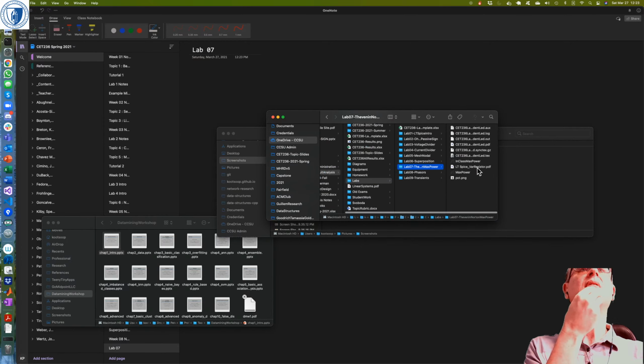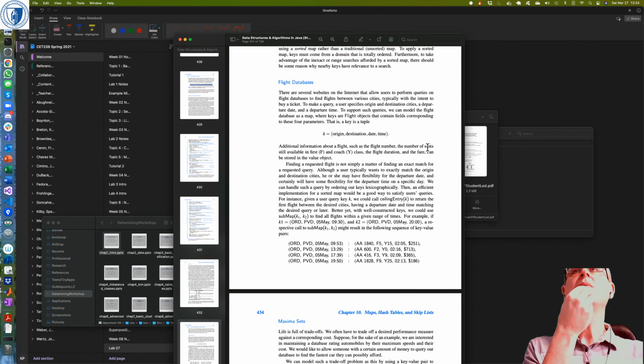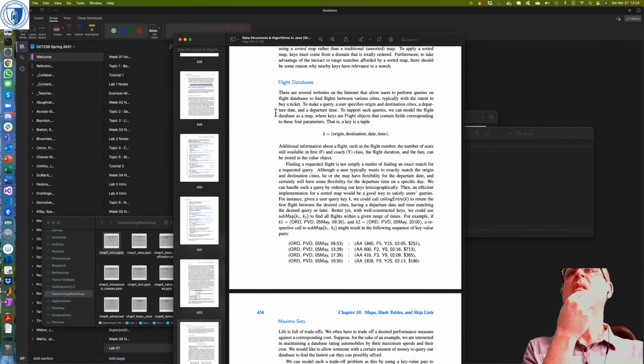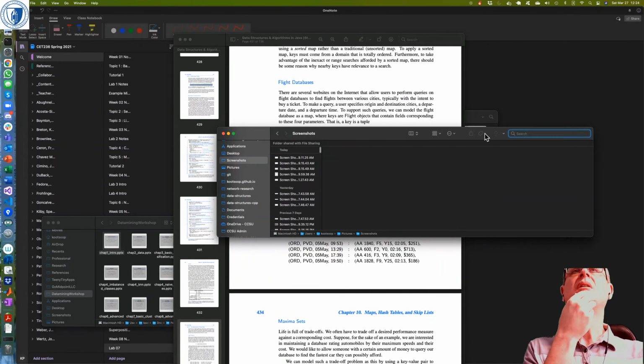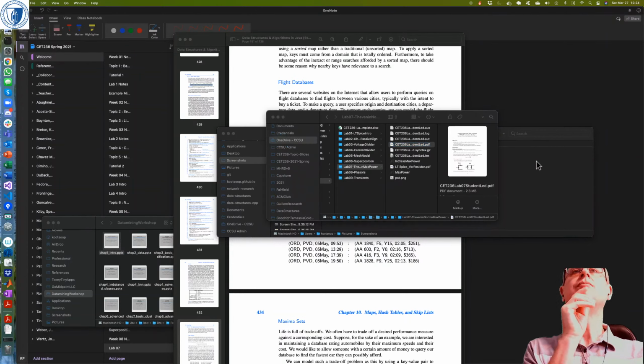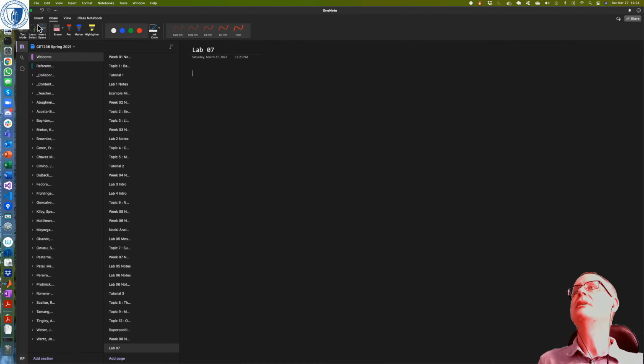So lab 7. See if that works. Maybe, maybe not. Okay, so let's see if we can insert that lab 7 in here.